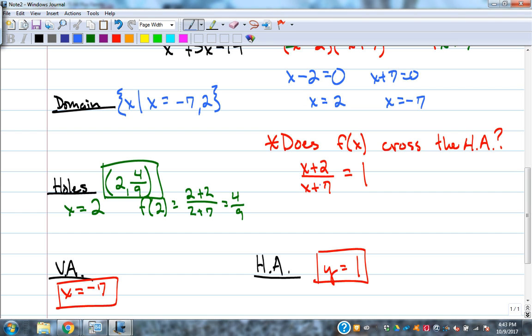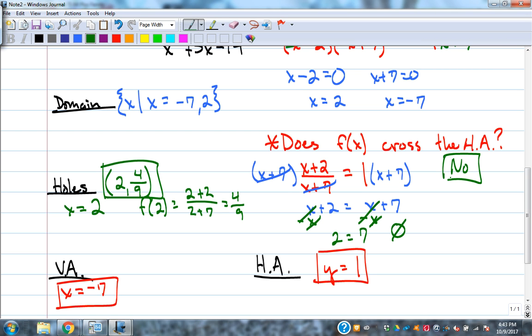So if I'm going to solve this, I would multiply by x plus 7. That cancels out. That's x plus 2 equals x plus 7, doing the distributive property with the 1. And then if I go to solve that, my instinct is to move x, right? And then the x's cancel on both sides. Does 2 equal 7? No, that's no solution. So the answer to this, does it cross the horizontal asymptote? No, it does not.